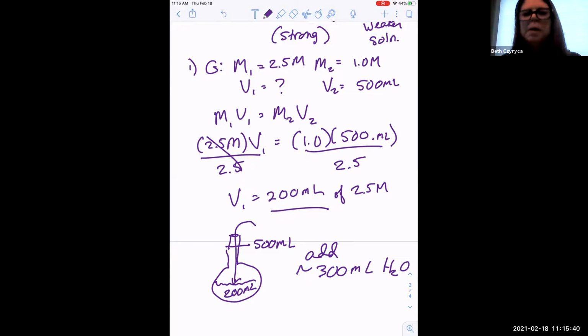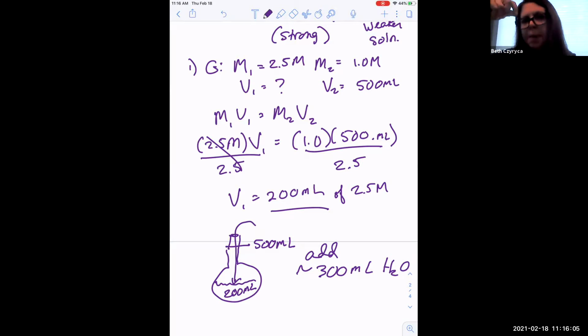I will accept that, but just understand when you're doing this in college, in the lab, or in our lab on Monday, you're not going to take 300 milliliters of water and just dump it in. You're going to take a larger container, 500 milliliters, which is in your hand, and pour it into the volumetric flask and stop about a half an inch from the line.